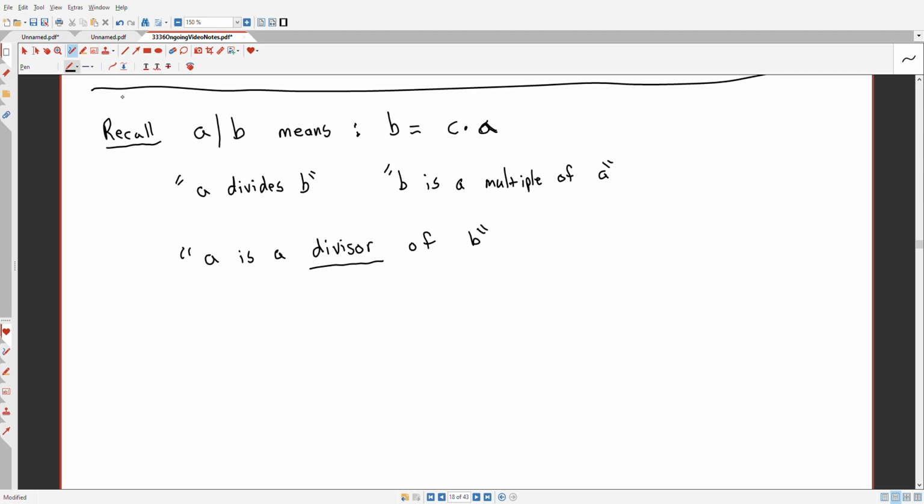So for positive integers, if A and B are integers that are bigger than 0, to say A is a divisor of B will imply, yes, of course it means A times another integer is B, but it will also tell me that A has to be smaller than or equal to B. And again, I assumed everything's positive, so A is between 0 and B.